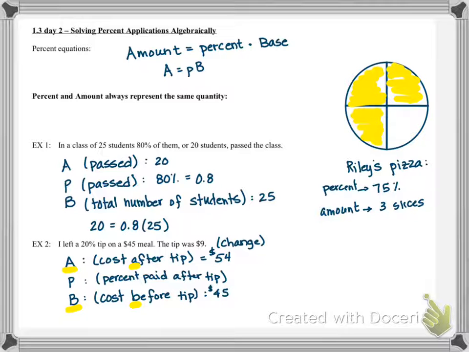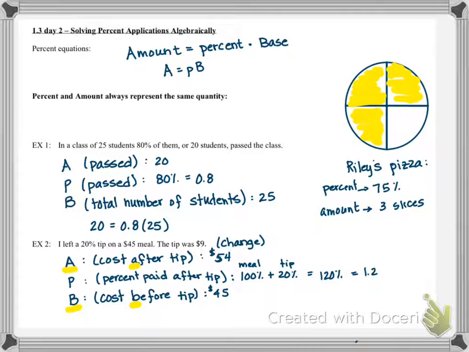So we have to pay 100% of the price of our meal, and then in addition to that, we have to pay 20% for the tip. So this is my meal, and this is my tip. And so the total percent paid is going to be 120%, which is 1.2.